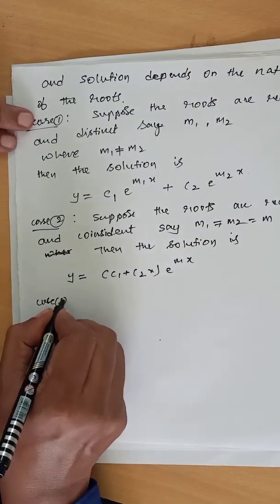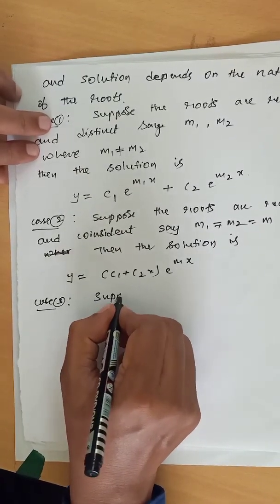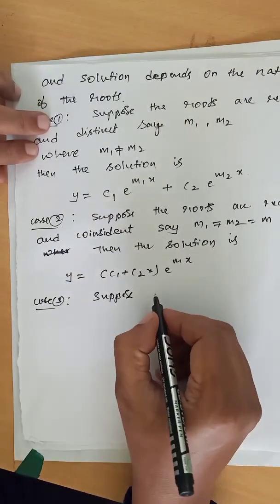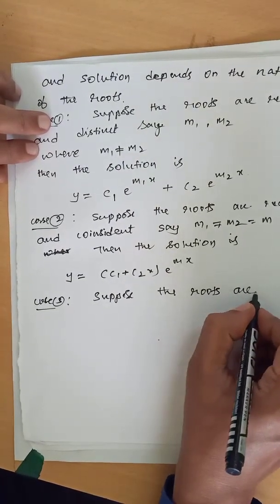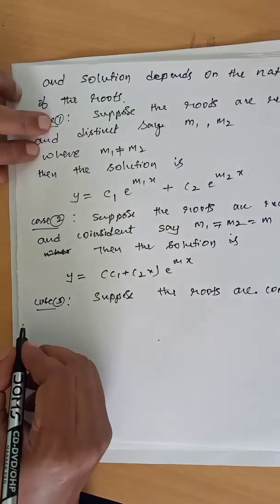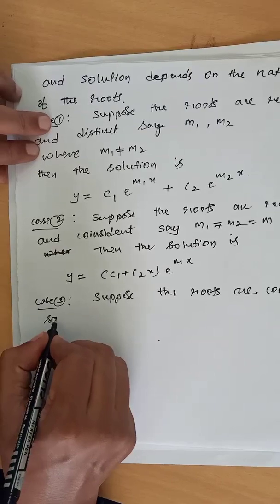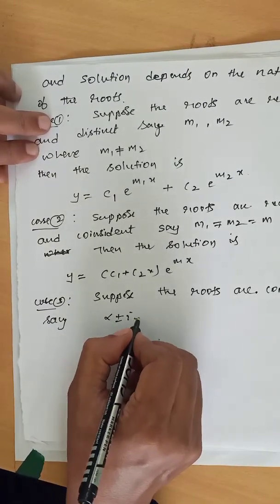Case 3, suppose the roots are complex form, denoted by alpha plus or minus i beta.